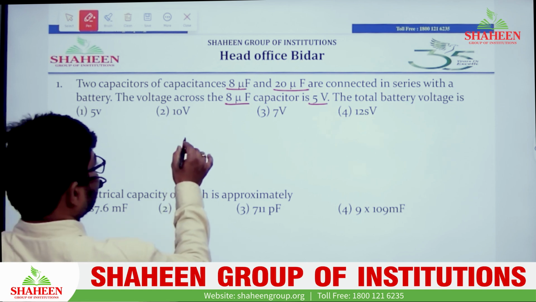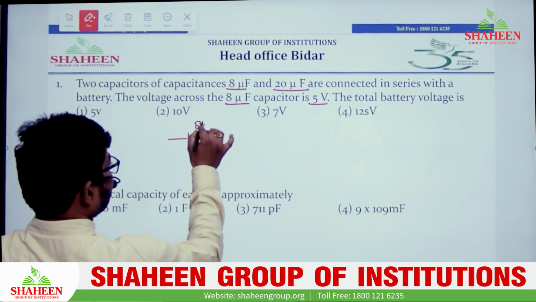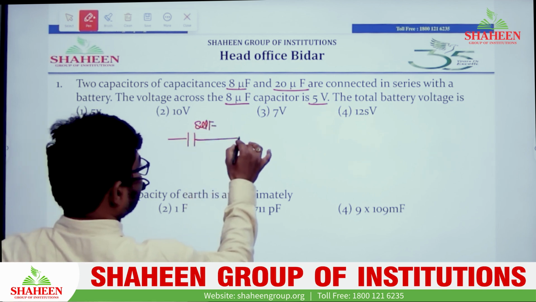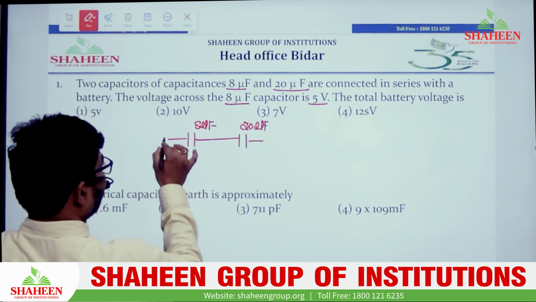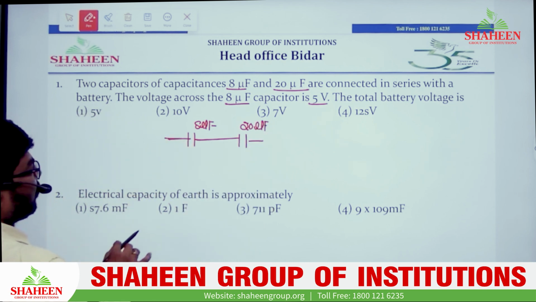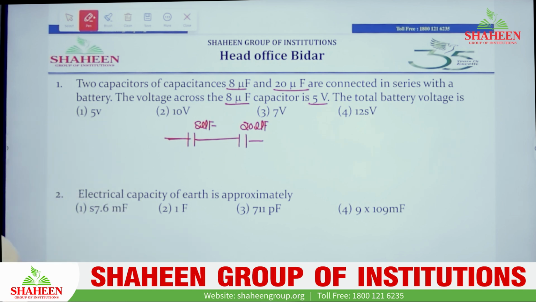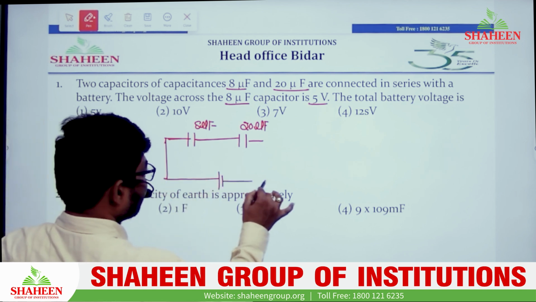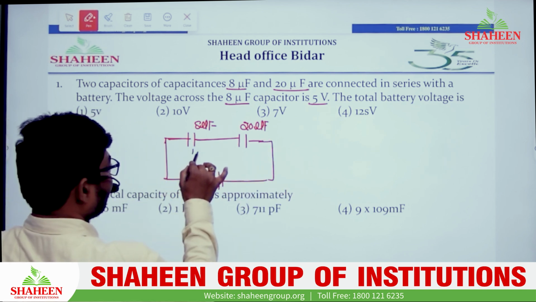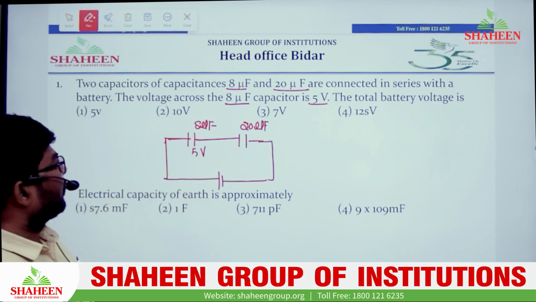So two capacitors are connected in series, this is 8 microfarad, this is 20 microfarad, connected to a battery. Across the 8 microfarad capacitor the voltage is 5 volts.